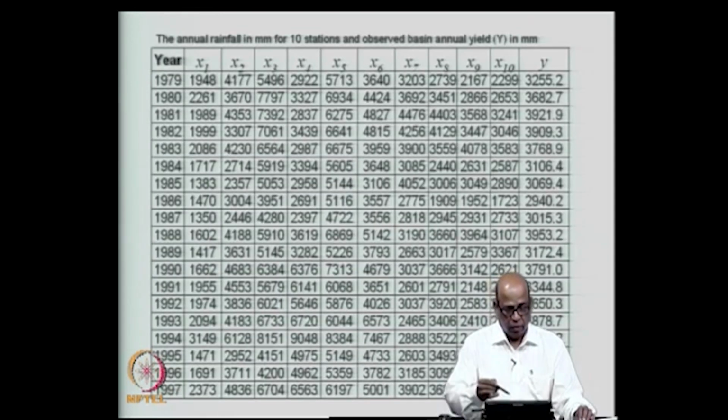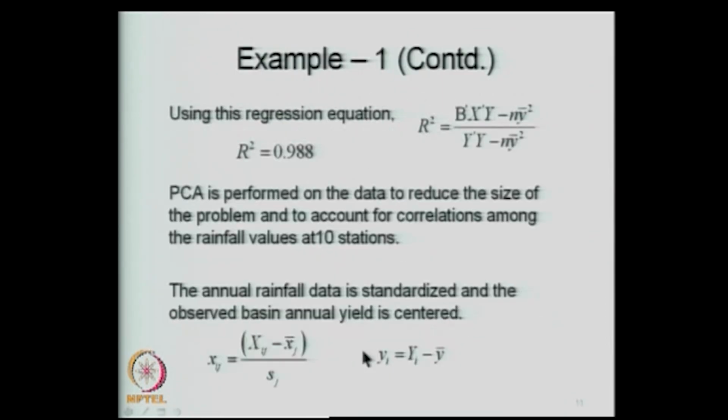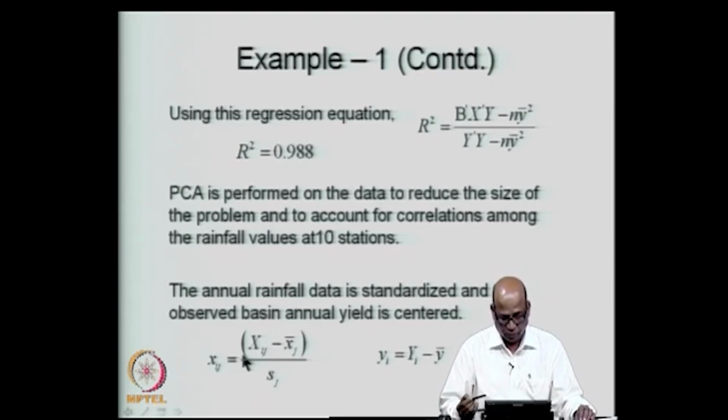That is, you take any station, the mean of this and the standard deviation of this you use to standardize the data at station number 6. That is what we do here, and so corresponding to each of the stations, we obtain the n values, 19 values, which are all standardized values.